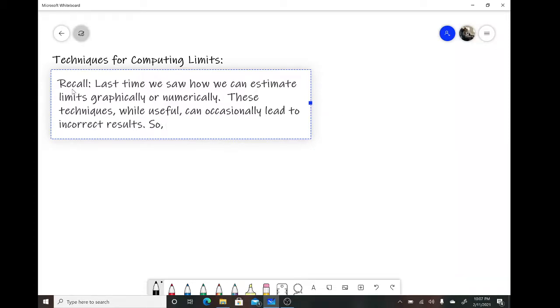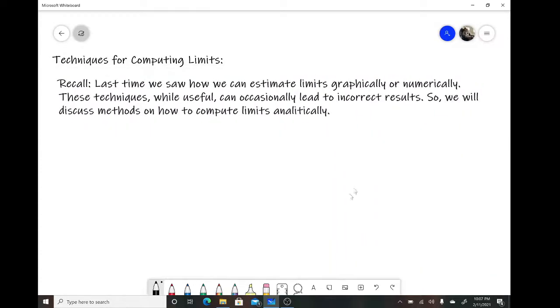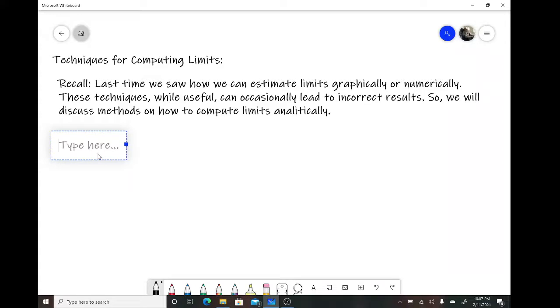So we will discuss now methods on how to compute limits analytically. If we compute limits analytically, then we'll have a precise value for our limits. So let's begin by talking about the limits of linear functions.